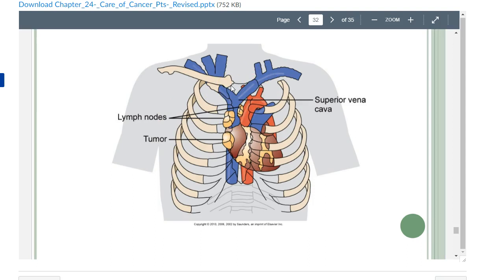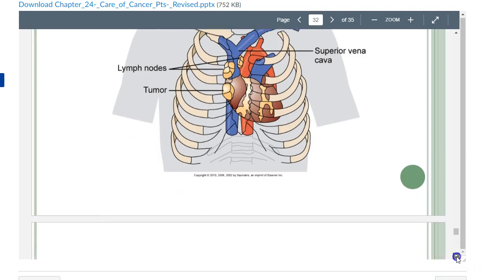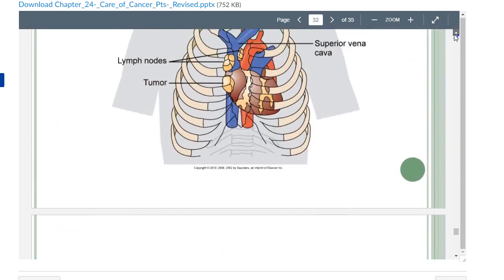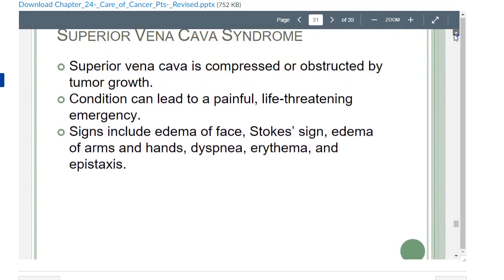And you can see the tumor here, and you can see how problematic that would be. The condition can obviously lead to a painful, life-threatening emergency. That makes sense. Think about it. Okay.